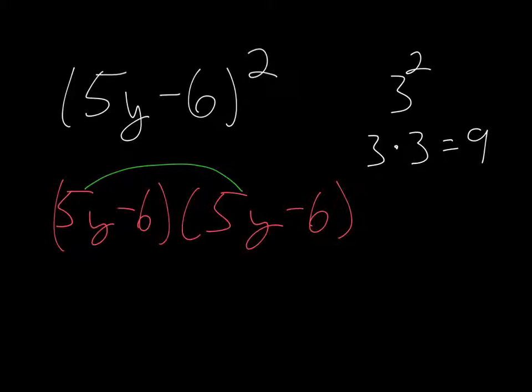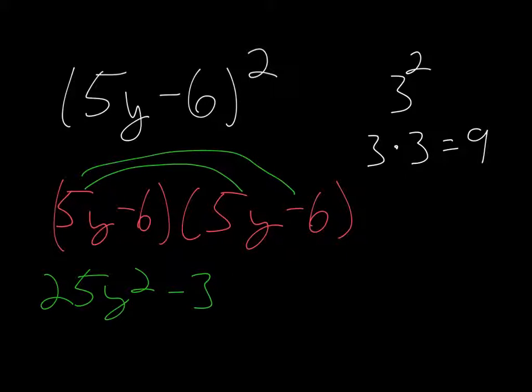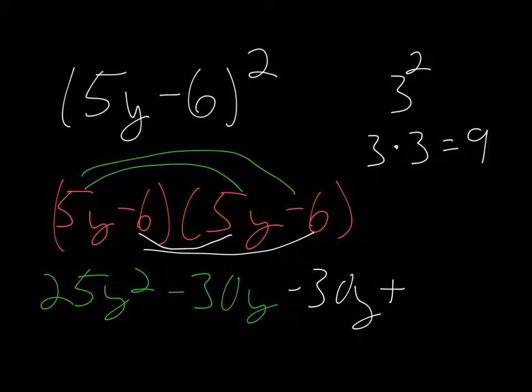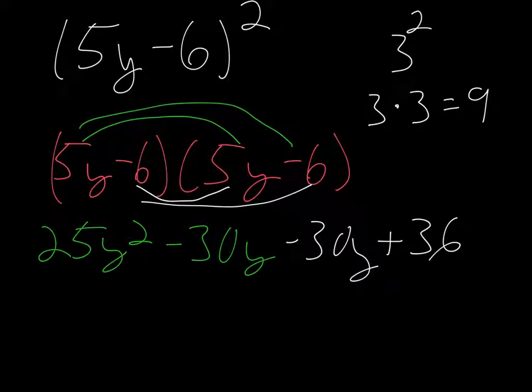So 5y times 5y is 25y squared. 5y times negative 6 is negative 30y. Then we distribute right here with our negative 6 times 5y is negative 30y. And then we have negative 6 times negative 6 is positive 36. So now I have to combine my like terms.